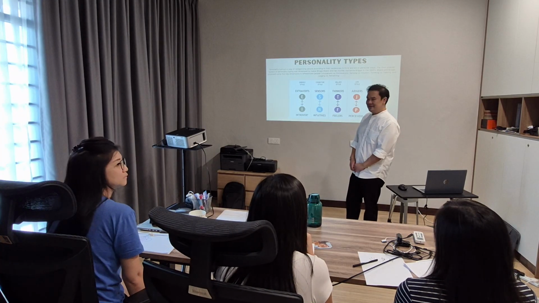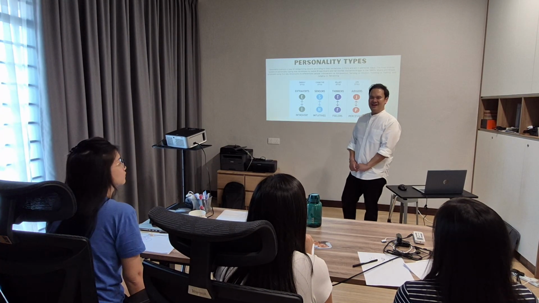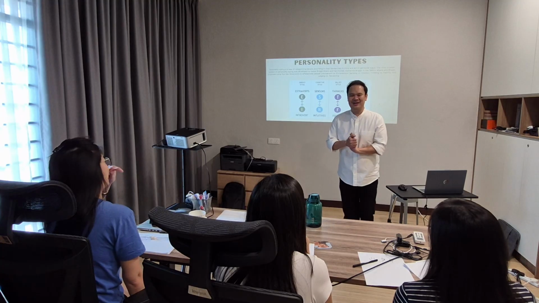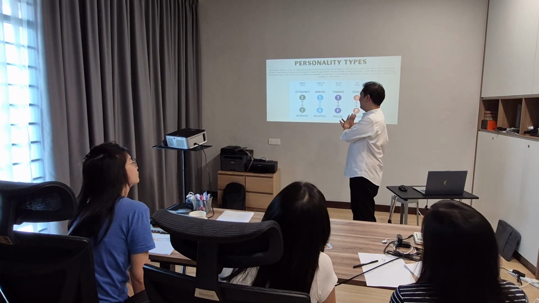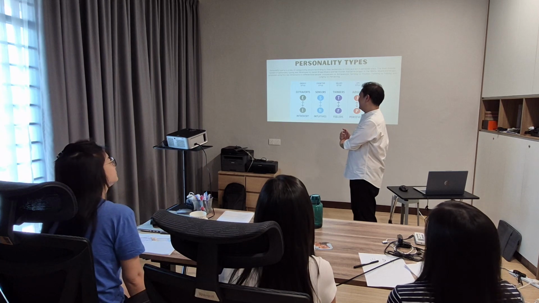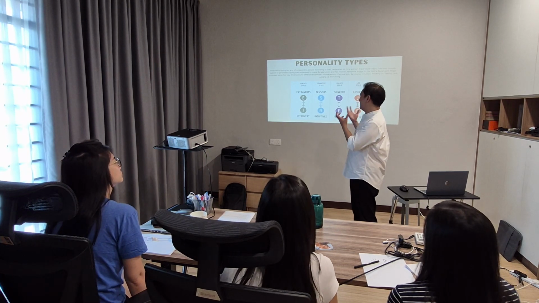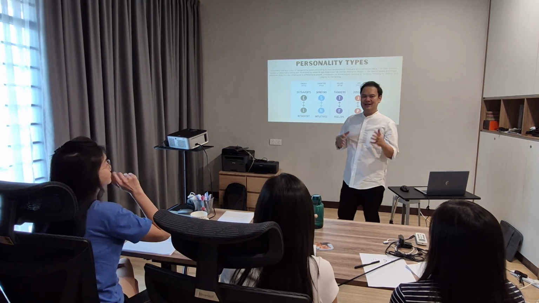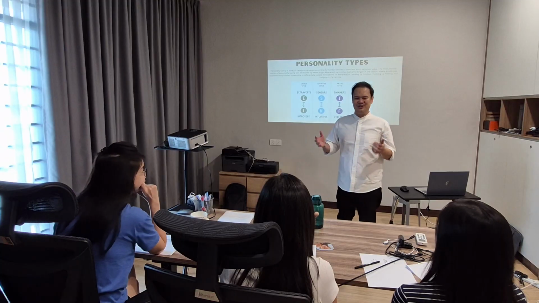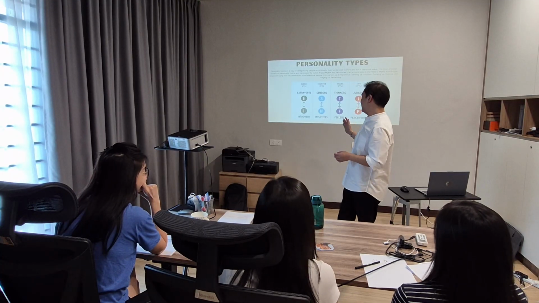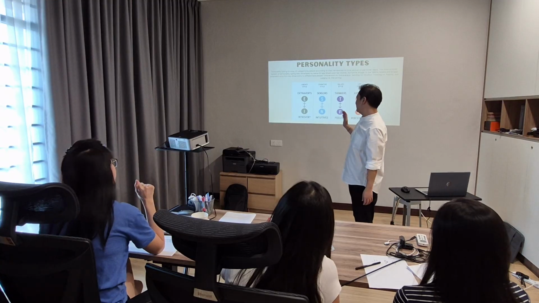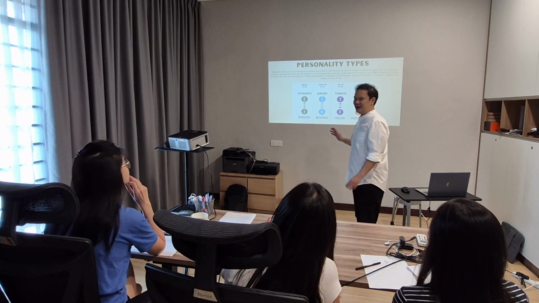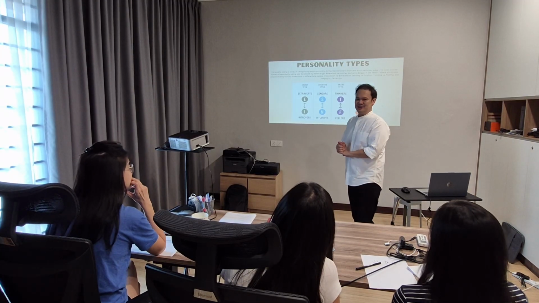It's like your social skills, is it? No, it's actually how you get your energy. From different types of people, there are different types of energy styles. How you get your energy is either by being alone or going out to socialize. So that's the first dimension, which is energy style, and it's categorized into extroverts and introverts. I'll explain more later as we go through.